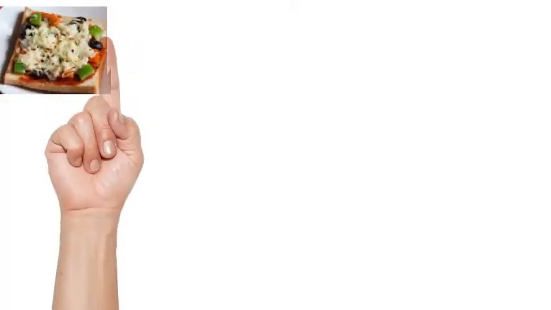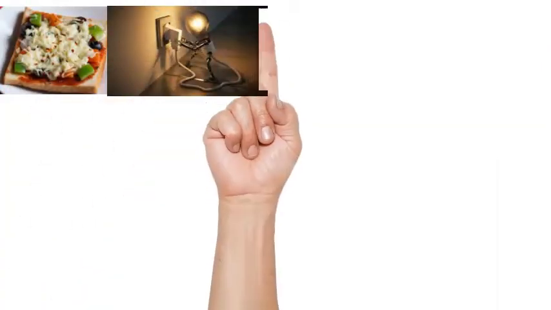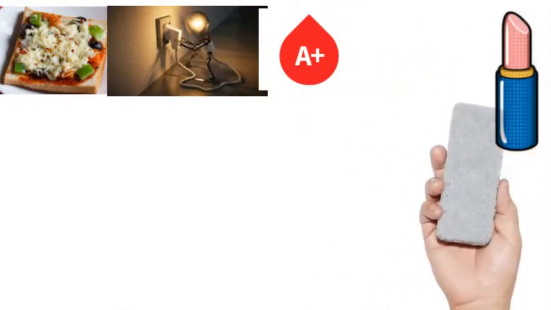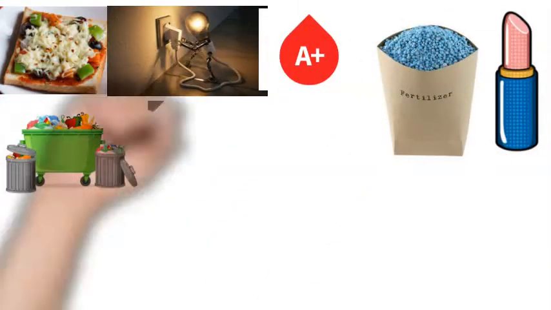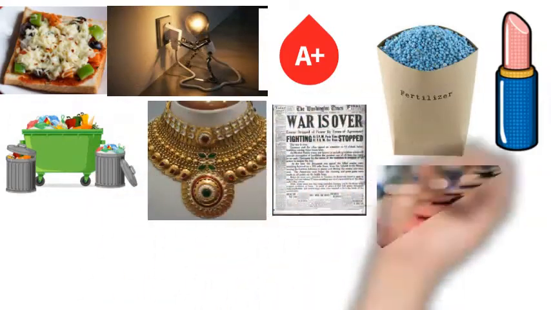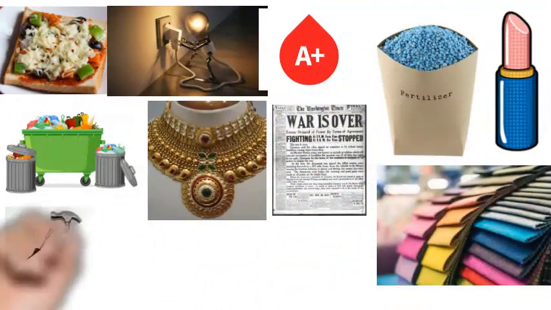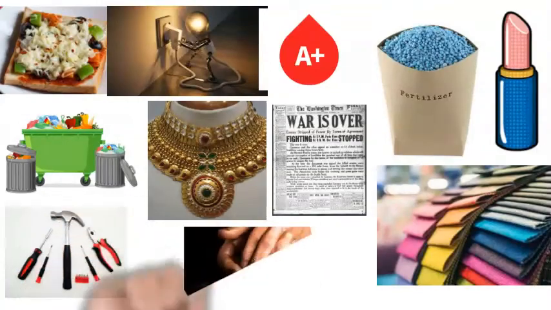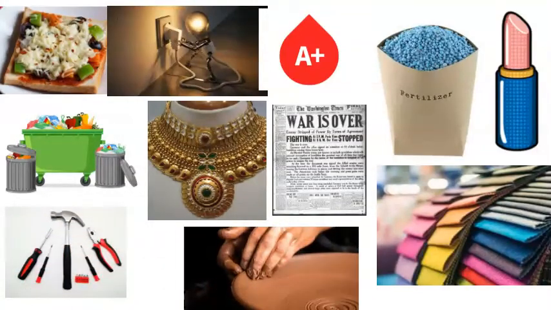Also, baked goods, fossil fuels, drugs and pharmaceuticals, fertilizers, beauty products, waste, ornaments, newspaper, printed items, fabric, hand tools and pottery also come under the goods which are exempt from GST liability.